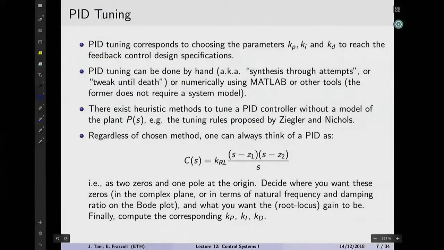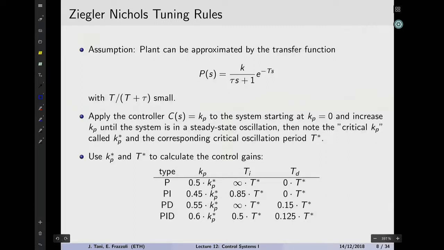This basically allows you to say, all I'm really doing by doing PID is adding two zeros and a pole in 0. So where should I put the zeros of my system? You can choose them based on performance criteria like the damping or the natural frequency, and then derive the PID coefficients from other characteristics. So the Ziegler-Nichols rules basically say, imagine your system to have that kind of form.